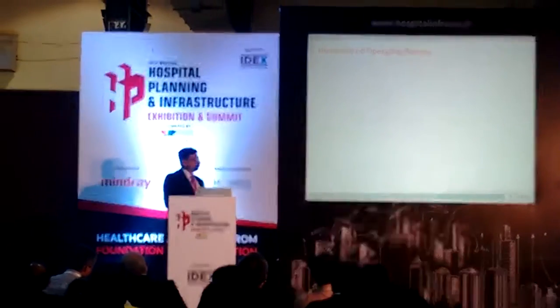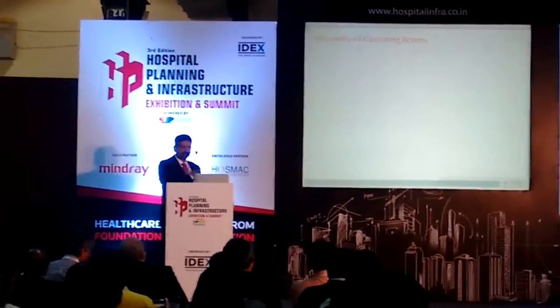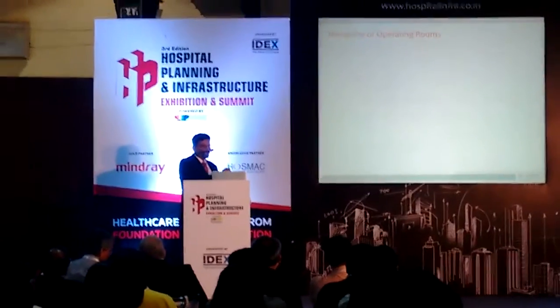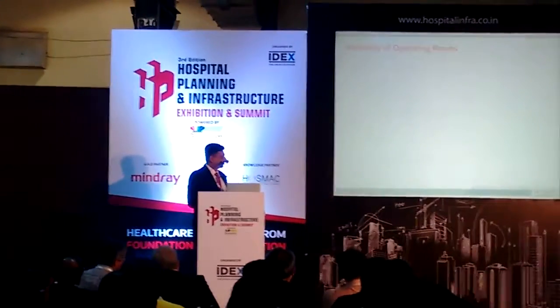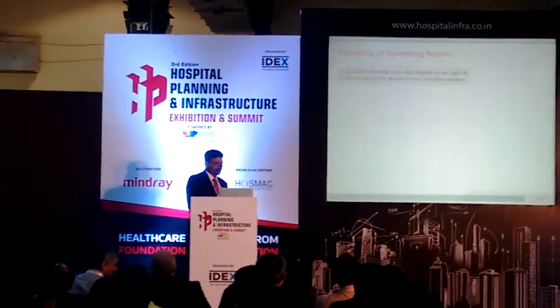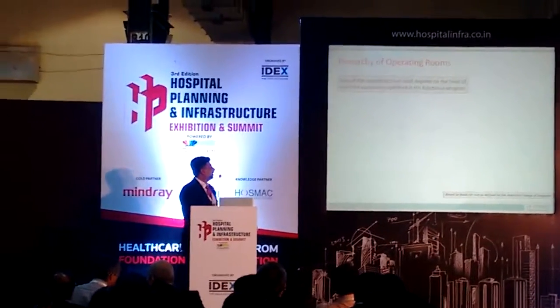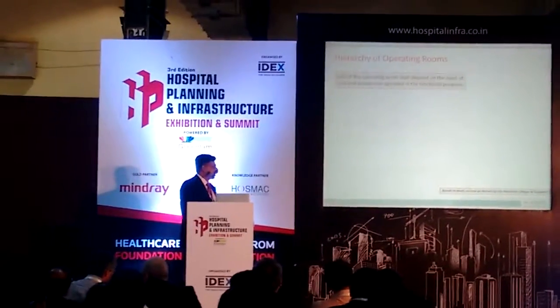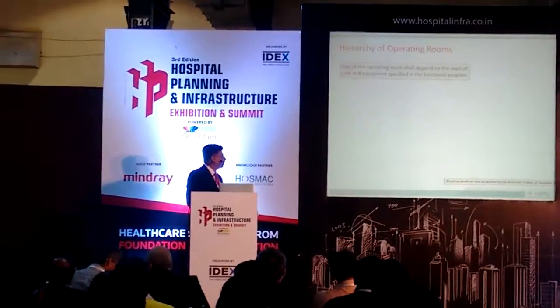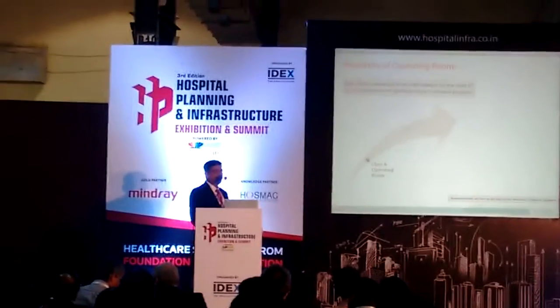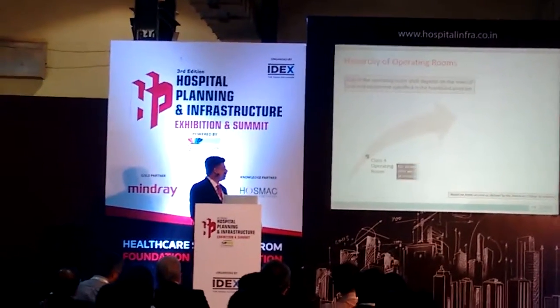So let's talk about the hierarchy, how it has been followed. Again, coming back to the slide of 1996 onwards, the journey to 2014. It was basically based on the level of care given, based on the American College of Surgeons parameters for anesthesia. So there was a class A operating room.